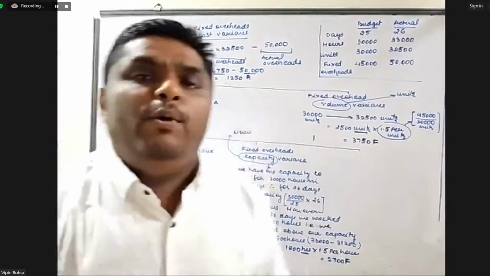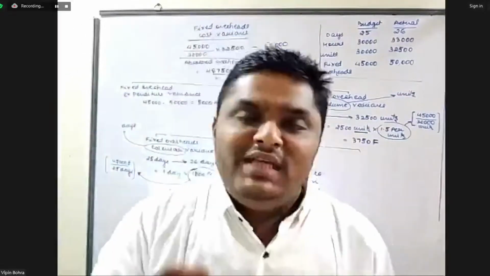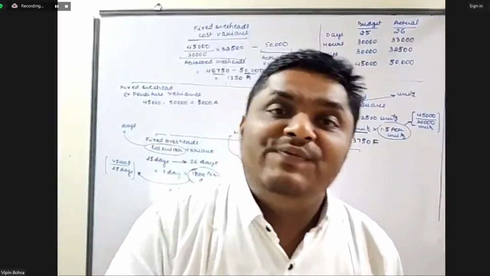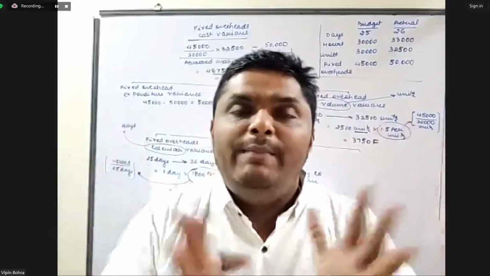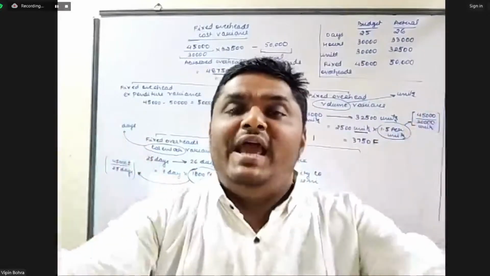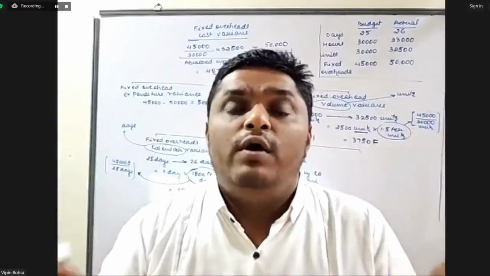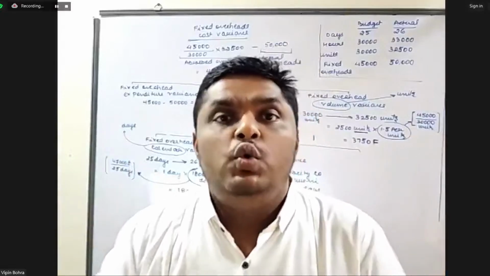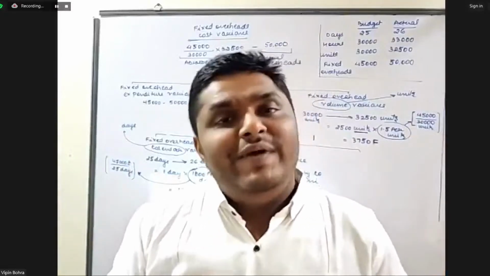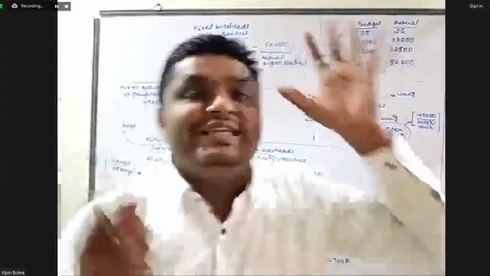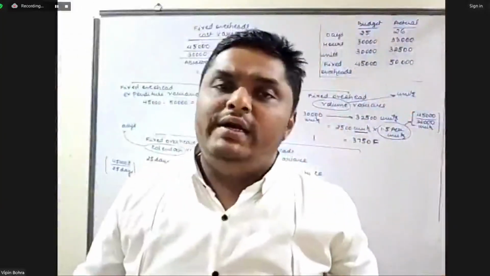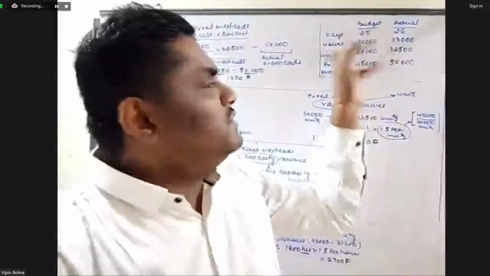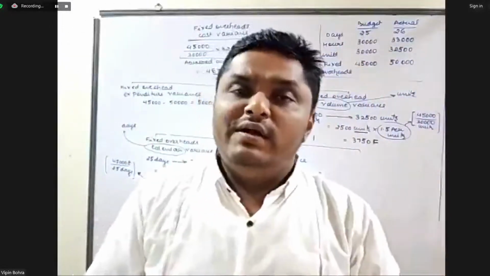Very important, the major point of discussion is whether it is favorable or adverse. My point is very simple, guys. We have the capacity to work for 31,200 hours in 26 days. See, agar days given nahi hote, let's say these days are not given, we can calculate it straight away. That our capacity was 30,000 hours. We work for 33,000 hours.